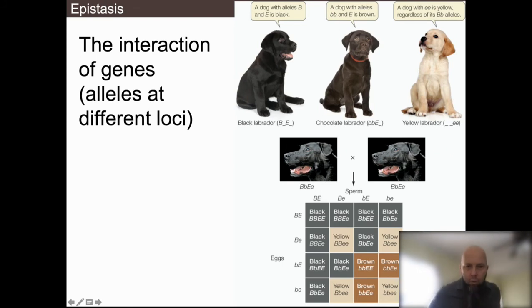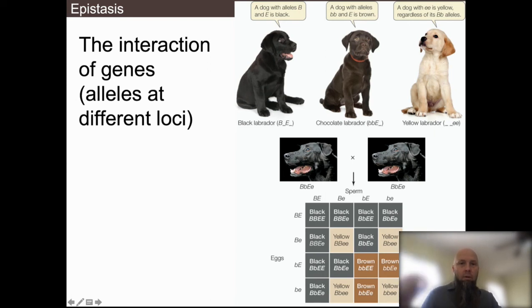Okay, so shifting gears a little bit, we're going to dig into a bit more of the examples of exceptions to these very simple single locus, two allele models that we've described. There are a few things I want you to understand when it comes to selection acting on variation within populations and the traits that are being acted on.